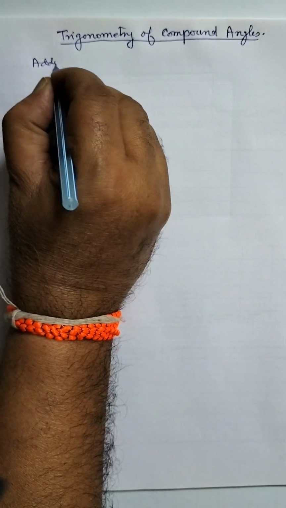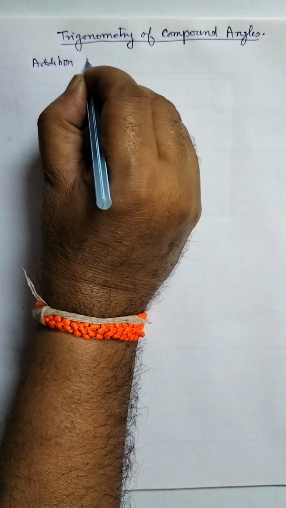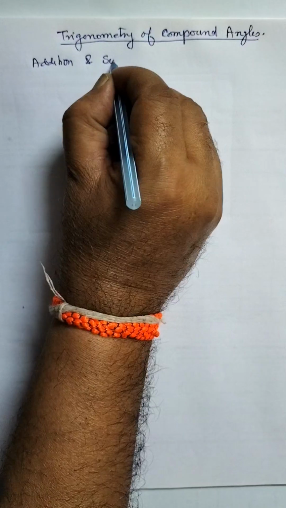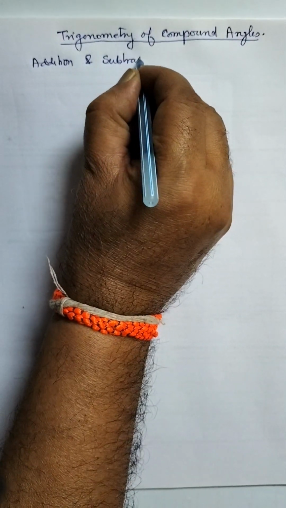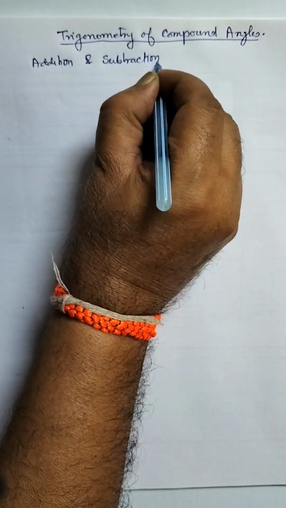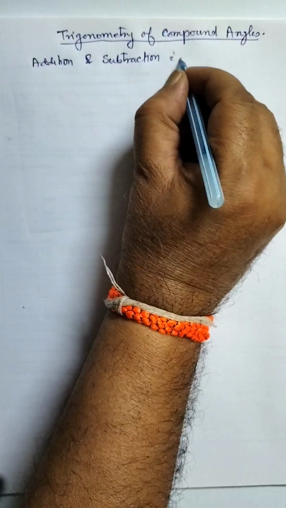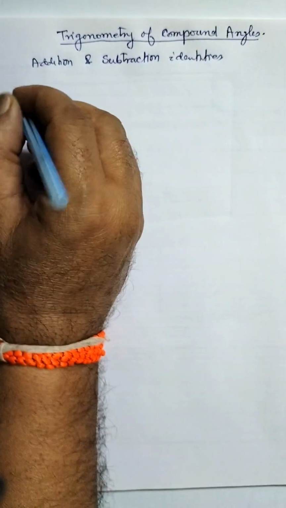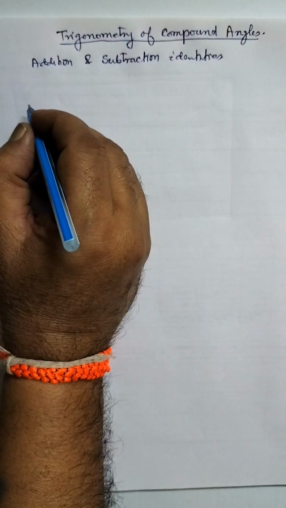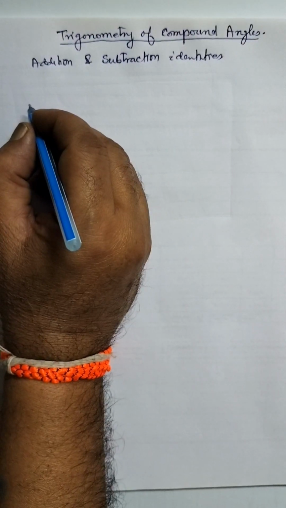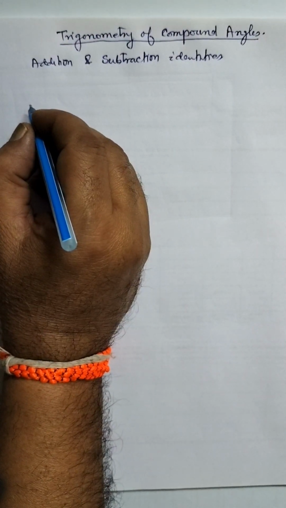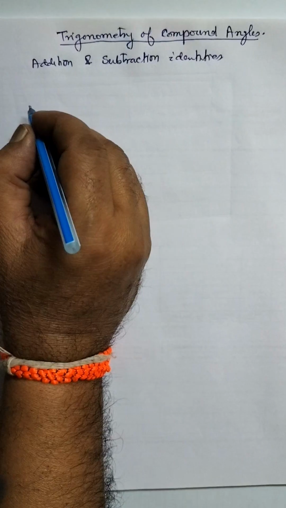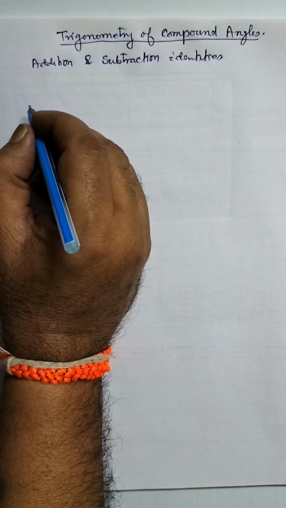Addition and subtraction identities. So let us consider one by one some important and basic identities which we shall be using and seeing their application in solving the problem.